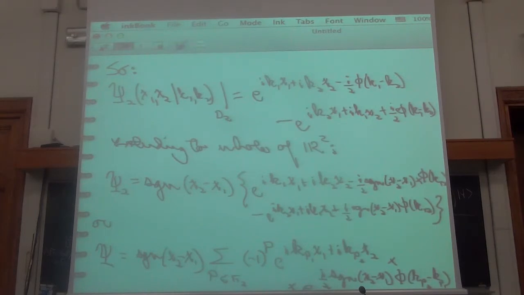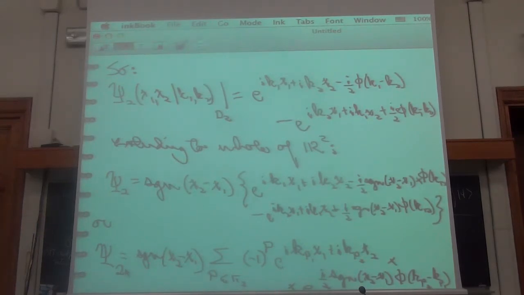And all these terms are linked together with very specific relative amplitudes that are given by twofold phase shifts when you permute particles, if you want. So this is a full Bethe ansatz for the two-particle case. This is a legitimate wave function at this stage for any k1, k2, because we're just still working on the continuum here.